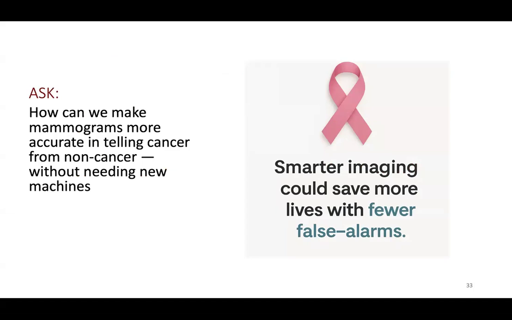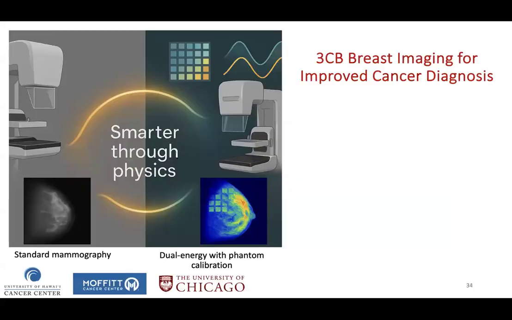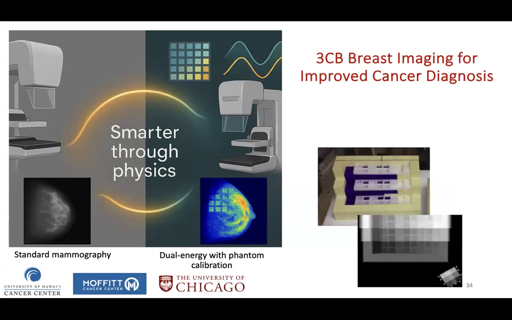Could we save more lives with fewer false alarms? And this is work that's going on. It's an NIH NCI funded grant between the University of Hawaii Cancer Center, Moffitt Cancer Center, and the University of Chicago. It's called 3CB for three compartmental breast imaging for improved cancer diagnosis.